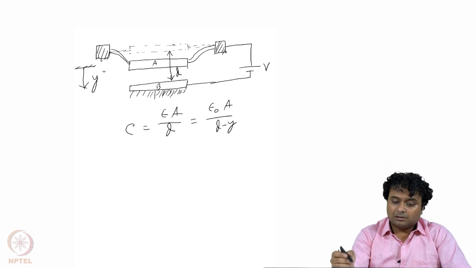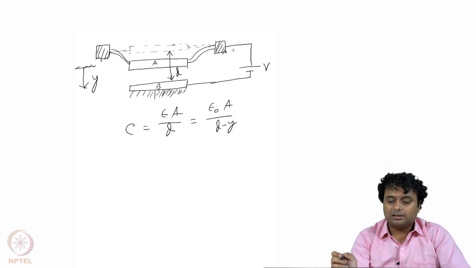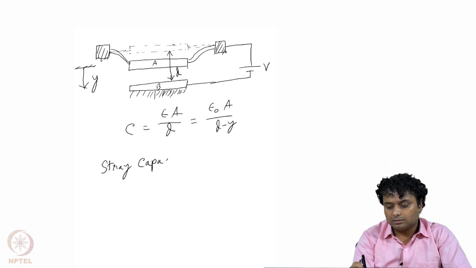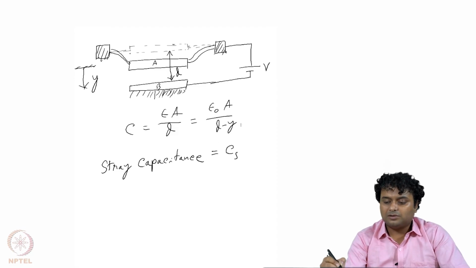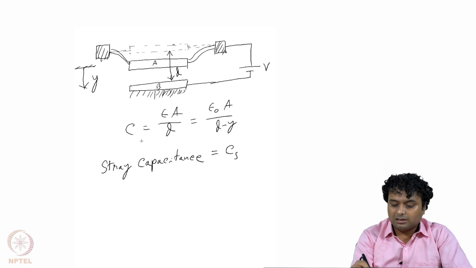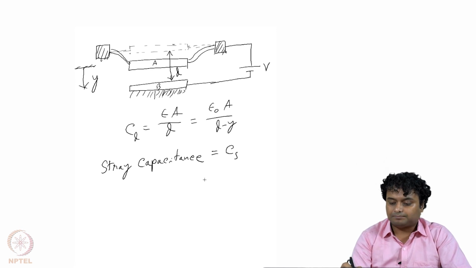Now because of the external circuitry there is some stray capacitance also, so let us call that stray capacitance Cs. This is because of the external circuitry, the contacts and everything else. And this is the device capacitance CD.